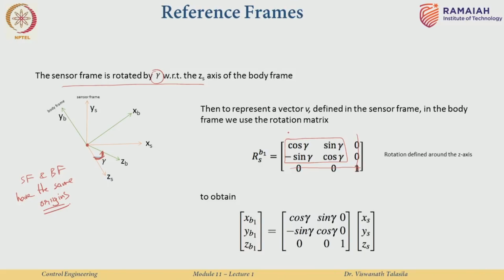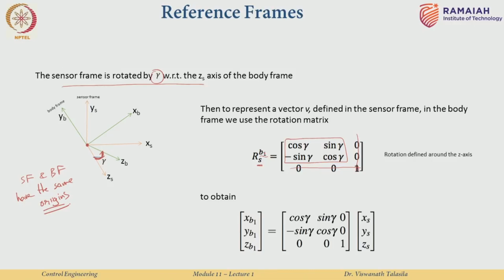It is important to know that if I want to go from the sensor frame to a frame called B1, which is body frame 1, where the z axes are now aligned. Remember, I had three misalignments: about the z axis, about the y axis, which is the pitch axis, and about the roll.